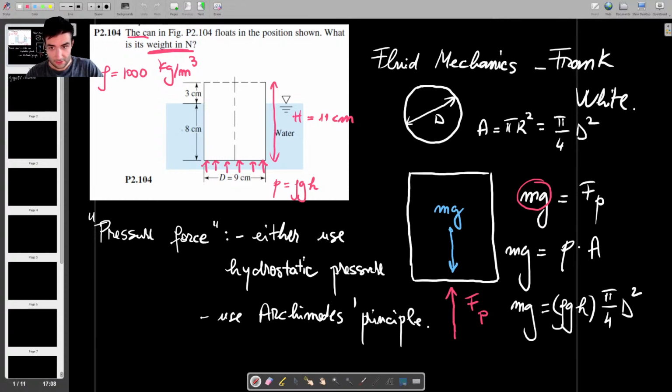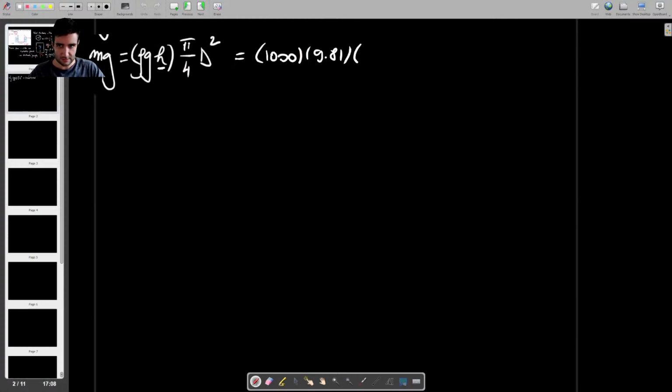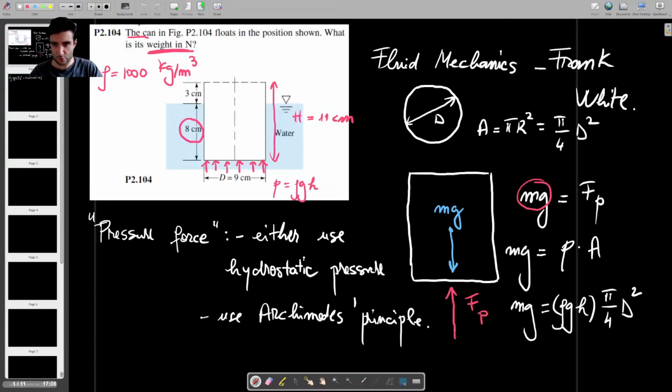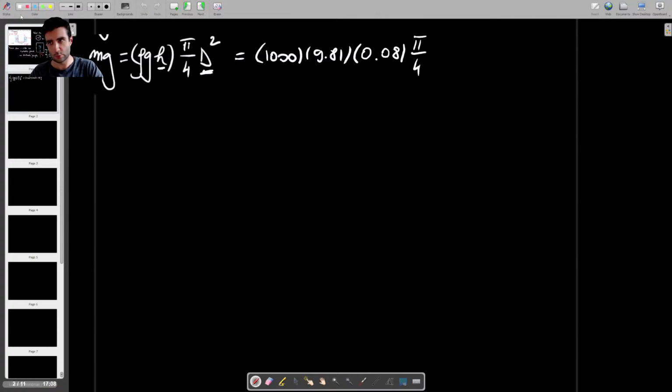The small h is 8 centimeters because that's how far the can is submerged, so that's 0.08 because we're using meters. And then we have pi over 4, and then the diameter squared, which is 9 centimeters, which we also convert into meters, so it's 0.09 squared.